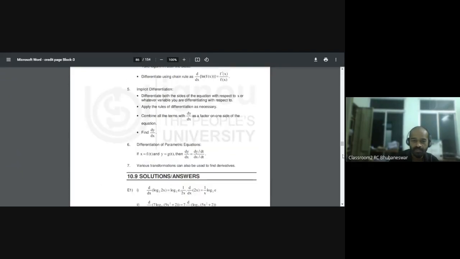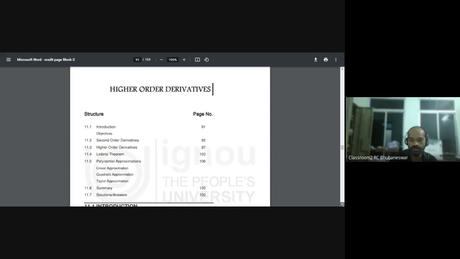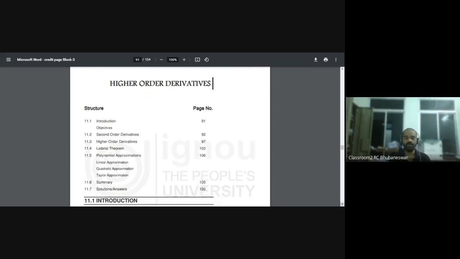So now I request, if all of you have your book, then please move to page number 91. Page 91 is dedicated to the higher order derivatives. That means till now, whatever we discussed, all the basic rules and formulas and the conditions are defined over the first derivative only.